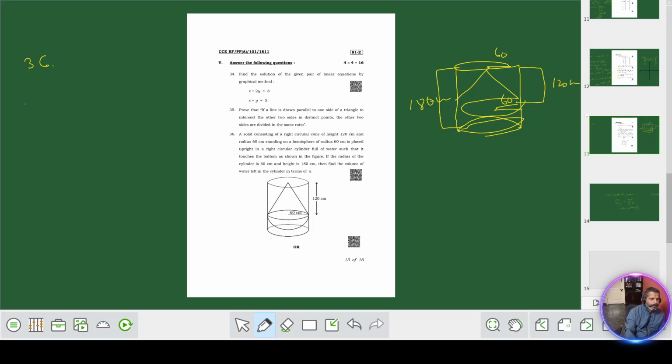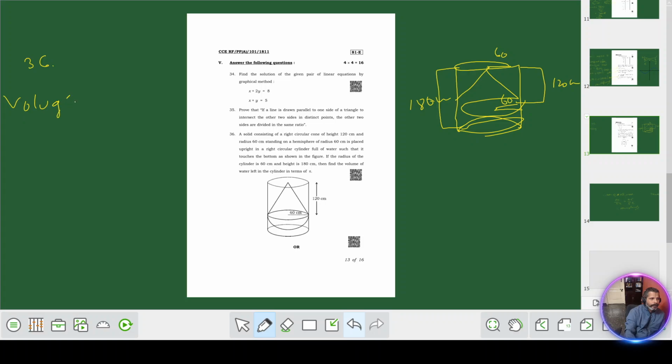So what formula do we have to use here? Volume of water is equal to... Okay, let's first find the values which are required. First we have to find the volume of the cylinder.